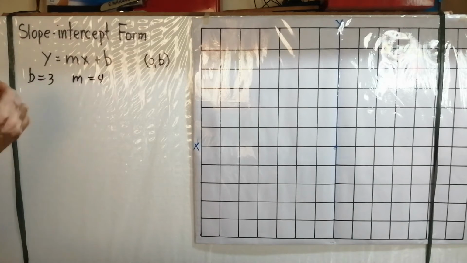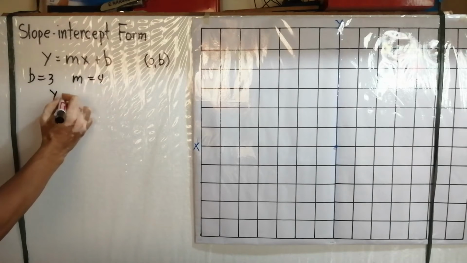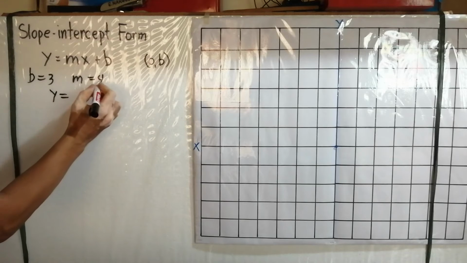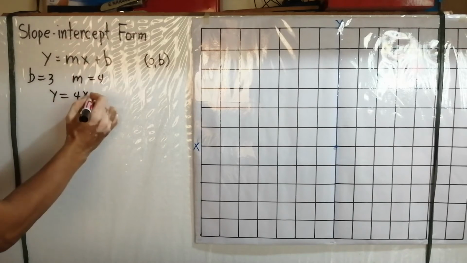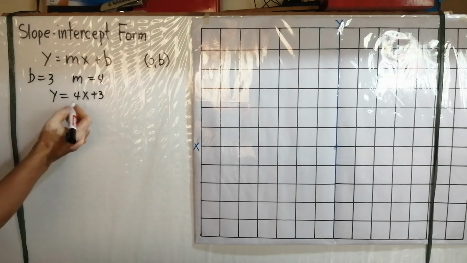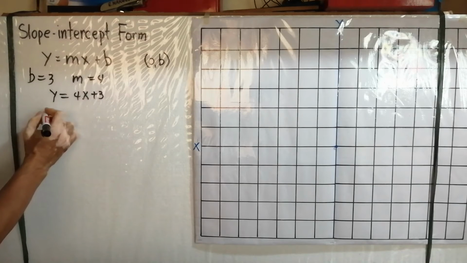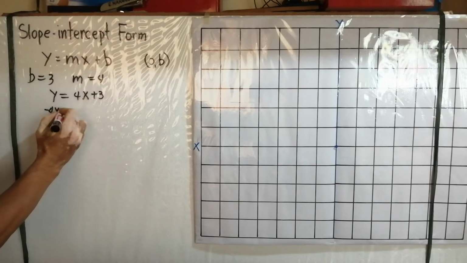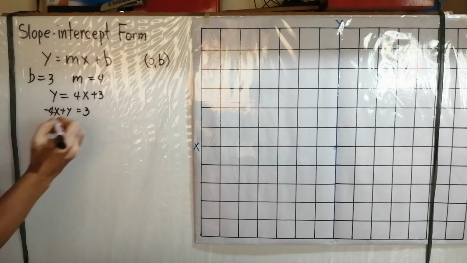So simply, if you are going to make the equation of the line, y will be equal to 4x plus 3. Only, you have to put that in standard form, so transposing 4x to the left side, it will be negative 4x plus y equals 3.